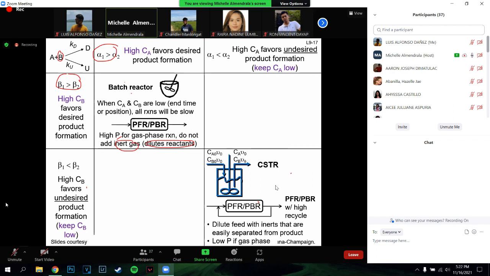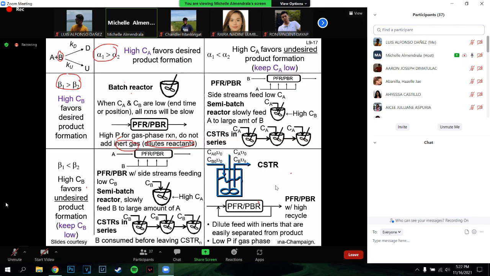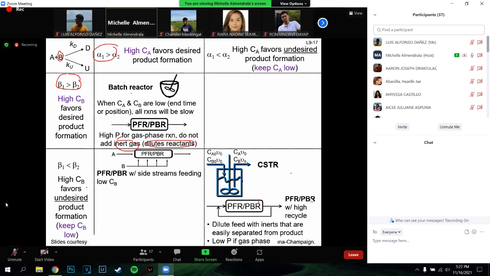So in this case, for a CSTR and PFR, for a CSTR, this is actually our objective: high CA, low B. And then for a PFR, dilute with high recycle.